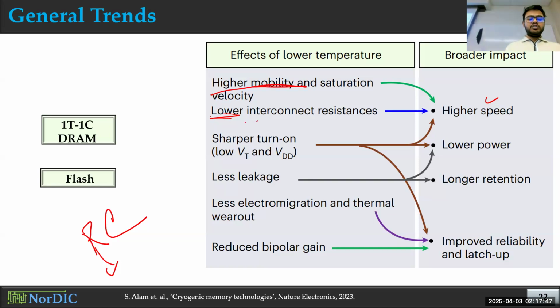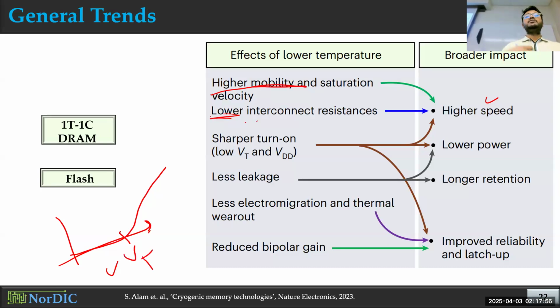And finally, you also, I think, remember the ID-VGS curve of a transistor. You have something like this rough drawing. You have this threshold voltage, right? After the threshold voltage, the transistor turns on, and before that, the transistor remains off. The VDD that you use for different circuits has to be larger than the threshold voltage, right?